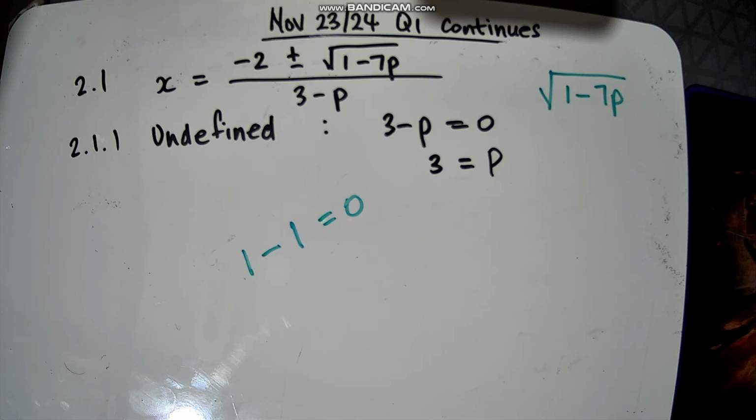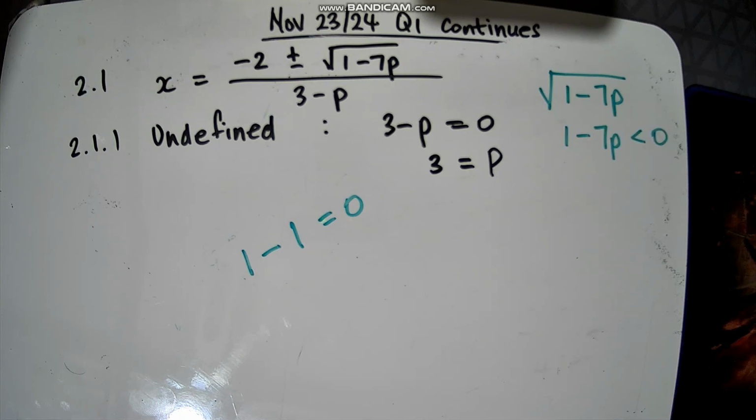Okay, it has to be more than 1 over 7 for me to get a negative answer here. So in my mind, 1 minus 1 is equal to 0. This means in effect that 7p is equal to 1, and then I will get an answer of 1 over 7. Think about it. It's logical, right? But let's just do it.